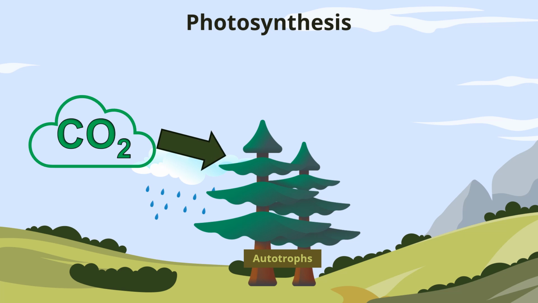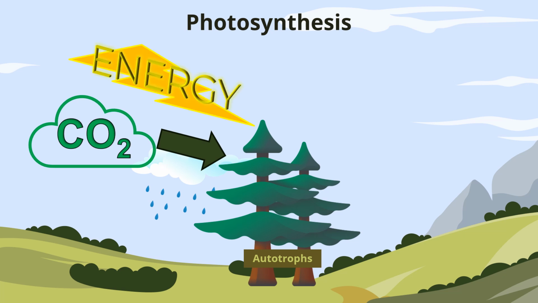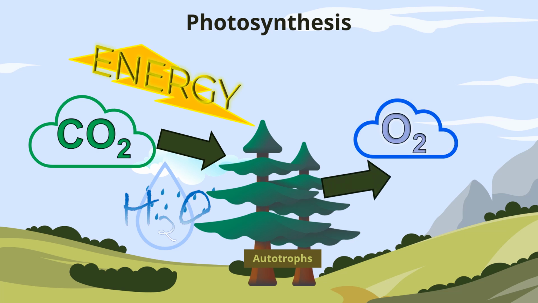Now we're going to start out with carbon here, since this is the carbon cycle. What happens in photosynthesis is that plants take in carbon dioxide. They also use energy from the sun and water, and they go through this chemical process, photosynthesis, and what is released is oxygen, that's O2, and then this compound, C6H12O6.